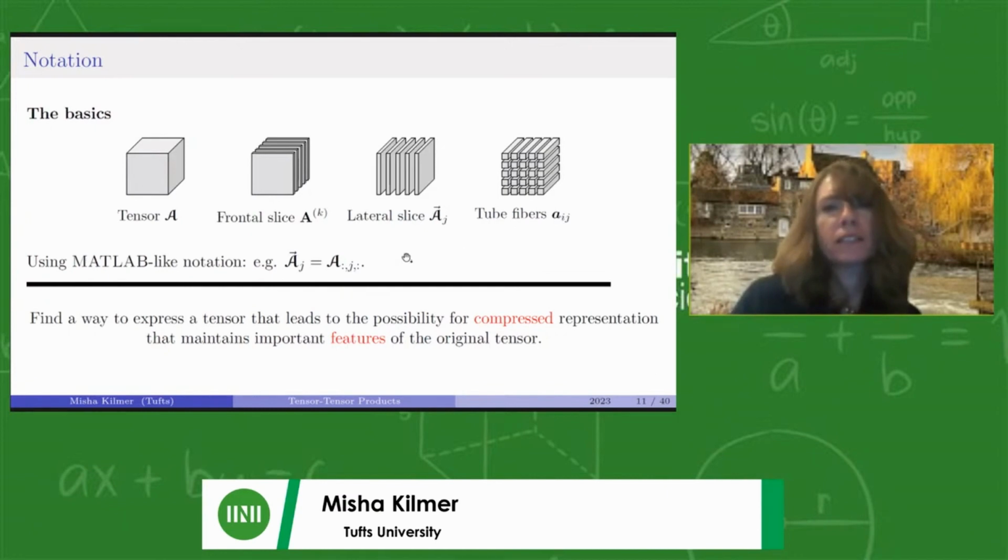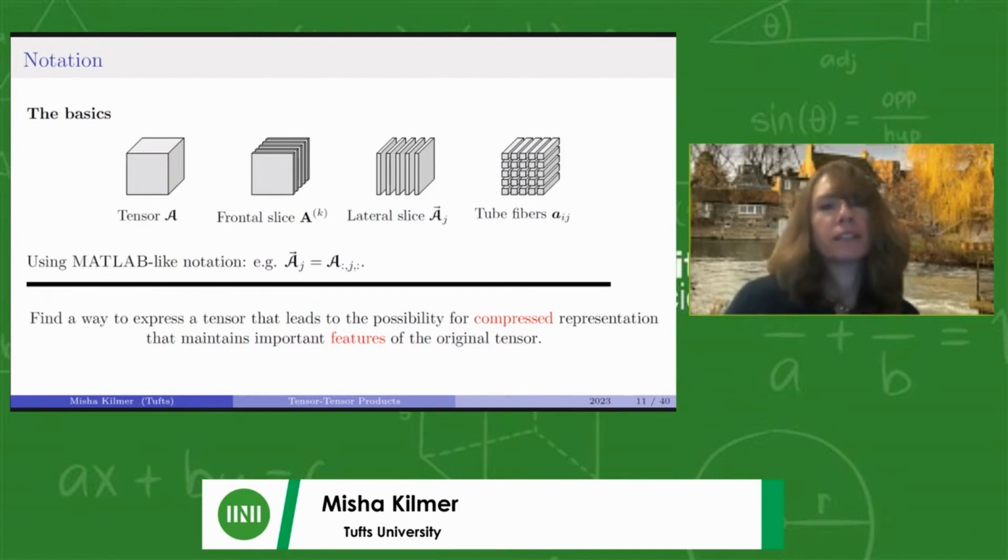If I slice it left to right, then those lateral slices are also matrices. If I chunk it up into smaller components and basically look into the 3rd dimension, those objects are called tube fibers.